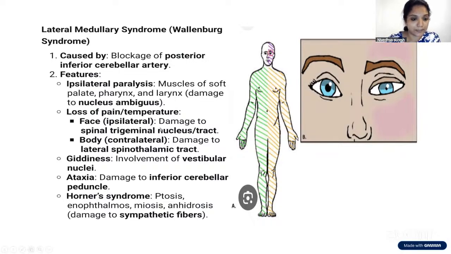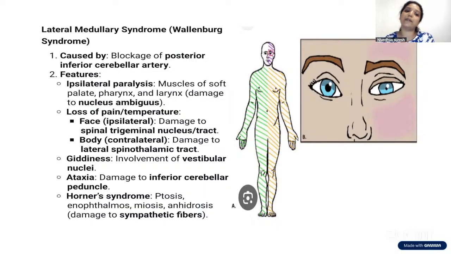Next, so what is the lateral medullary syndrome? Lateral medullary syndrome, the Wallenberg syndrome, is caused due to the blockage of the posterior inferior cerebellar artery, and the main features are the ipsilateral paralysis of the muscles of the soft palate, pharynx, and larynx. That is due to the damage of the nucleus ambiguus.